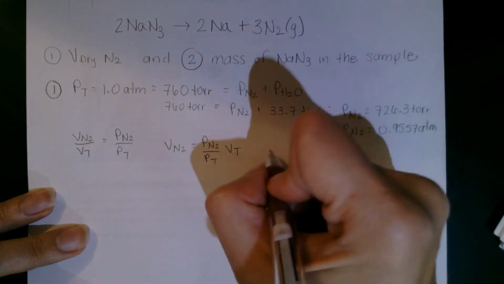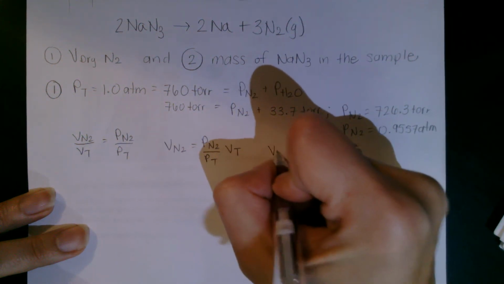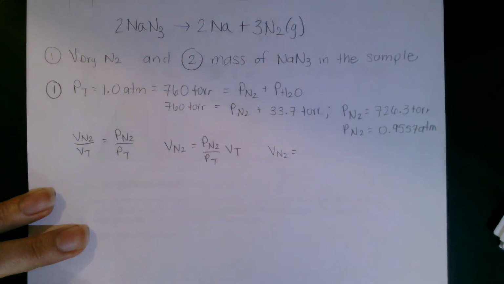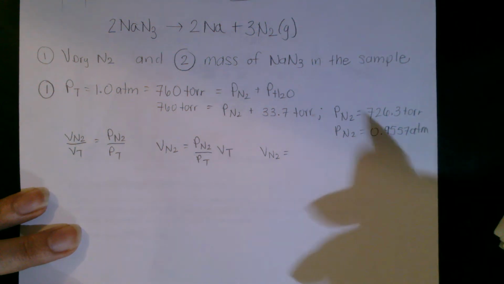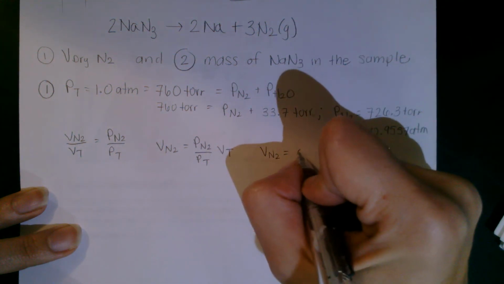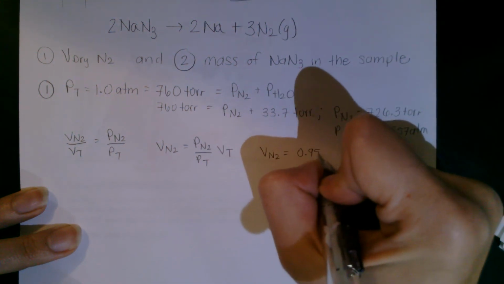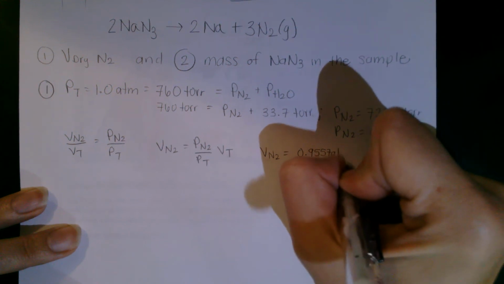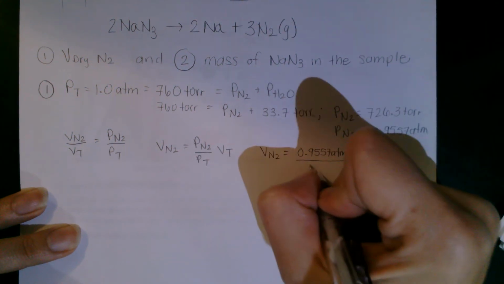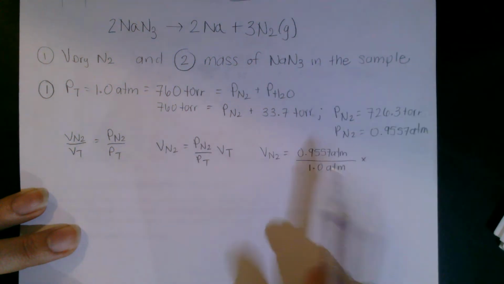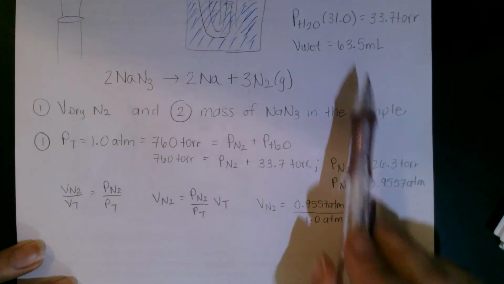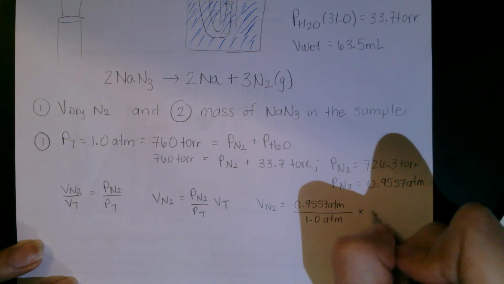Okay, so let's go ahead and solve. VN2 is equal to, okay, let's put in our pressure. I'm using atmospheres, but it doesn't matter, you can use torr. 0.9557 over 1 times our total volume. If you look back up here, that was the 63.5.